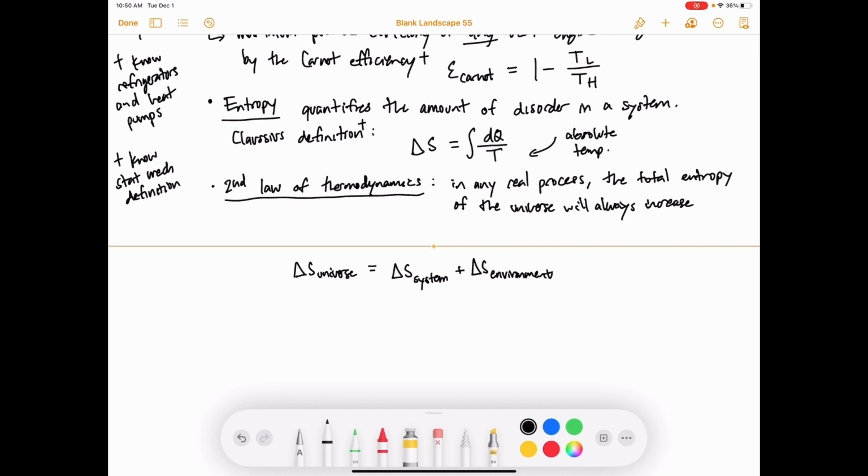And of course, if we take the system plus the environment, that's the universe. So delta S for the universe is always positive. In other words, the entropy of the universe is always increasing. And that leads to all kinds of interesting consequences, like irreversibility of certain processes, and the idea that the universe as a whole will eventually reach what we call heat death. But this is the idea behind the second law.